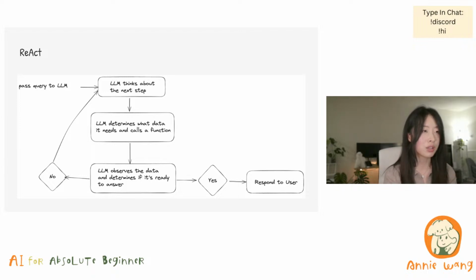Then, with the result of that action, the LLM observes and keeps thinking whether it should do it again, do a different action, or whether this is the right answer to return to the user. That's the reasoning loop, and that's a simple and classic ReAct agent.